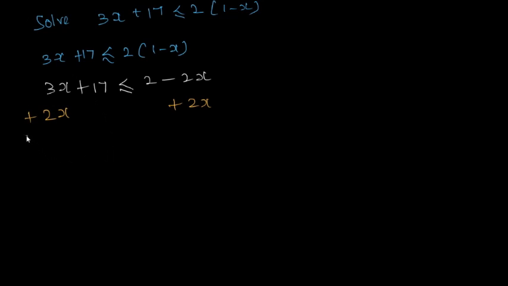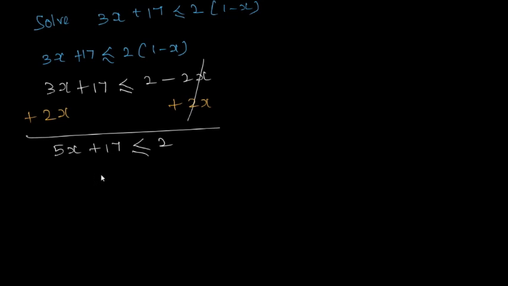so that we get 3 plus 2, 5x plus 17, and then less than or equal to 2. So this is straight out. Now the 17 should be removed. So what can we do?